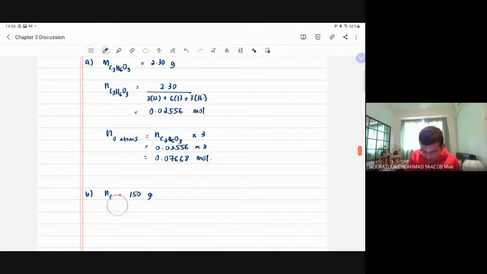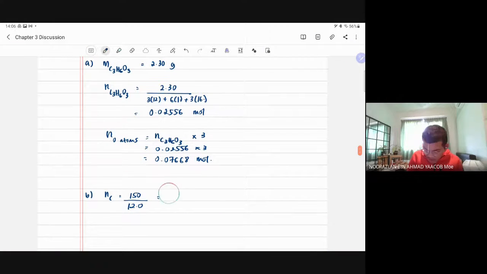So the number of mole, ni mass dia. Number of mole, mass divided by molar mass. So we should get number of mole of carbon as 150 divided by 120. This should be 1.25 mole.